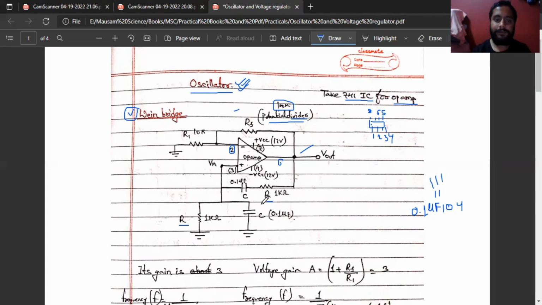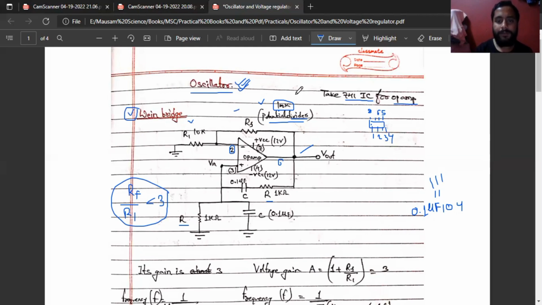One thing here is we need to keep the values of R1 and RF in such a way that if we divide RF by R1, it should not be less than 3. That means the maximum resistance which can be added here is around 30 to 32, 33, whatever.